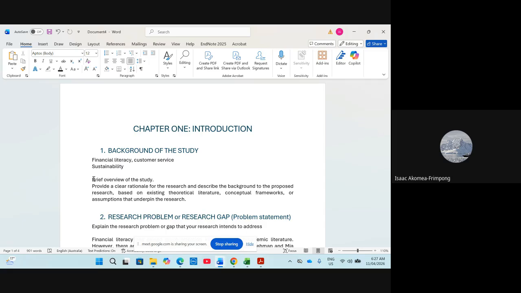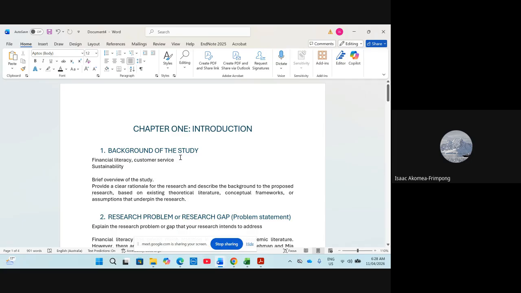It could be that there is something ongoing, maybe what is currently going on between Iran, Israel, and America. Maybe that's what is motivating you. Or maybe you have been a practitioner for many years, and you have seen that something has not been done, and that's why you are researching into it. Anything can be the motivation for the study. So you have to talk about that.